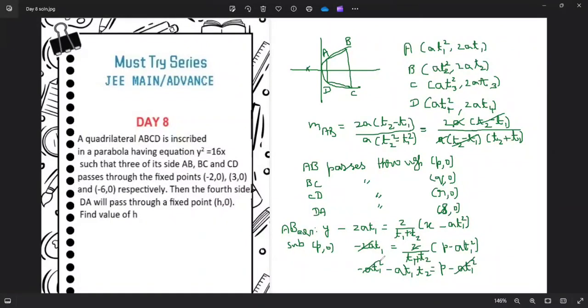So minus at1 squared gets cancelled off. From this you get the product of those two parameters, t1 into t2, equal to p by minus a.